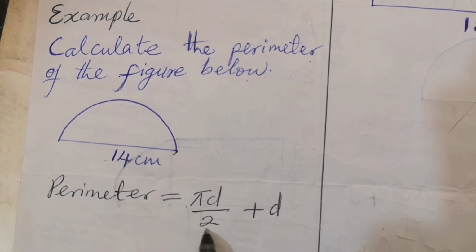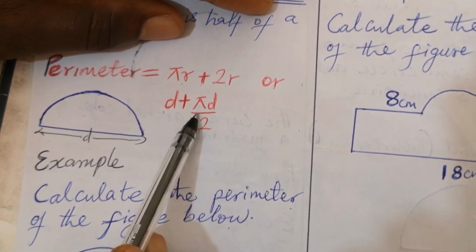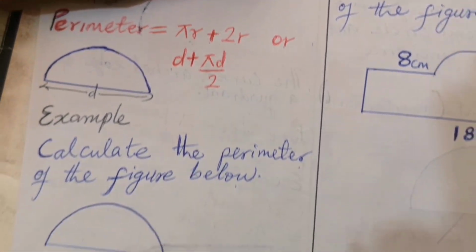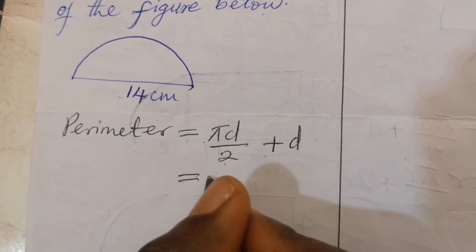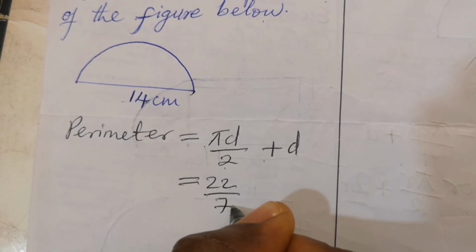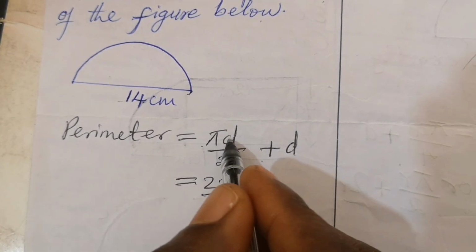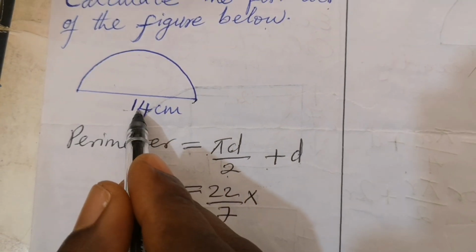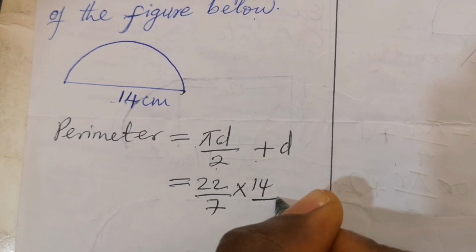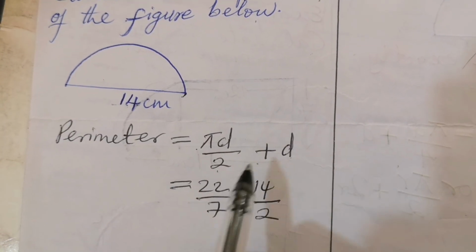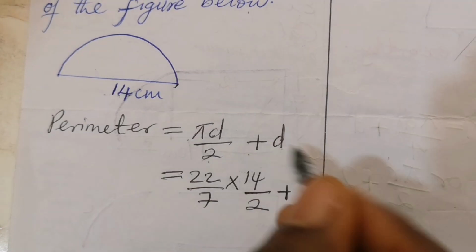Pi d all over 2 plus d is the same as d plus pi d all over 2. They are the same thing. Now pi is 22 all over 7, times the diameter, which is 14, all over 2, plus 14 again.